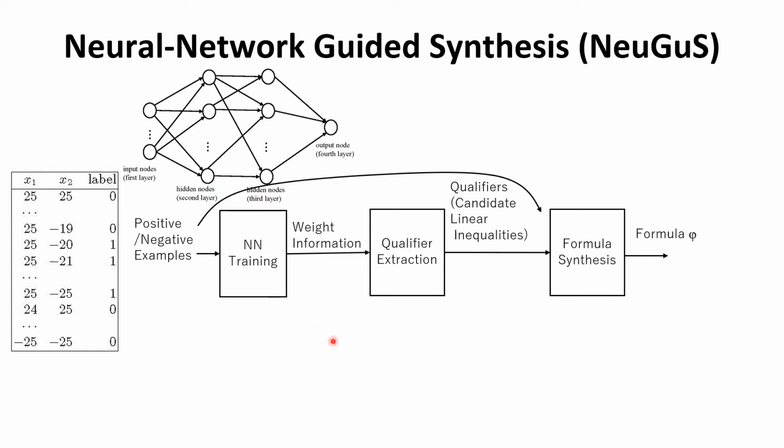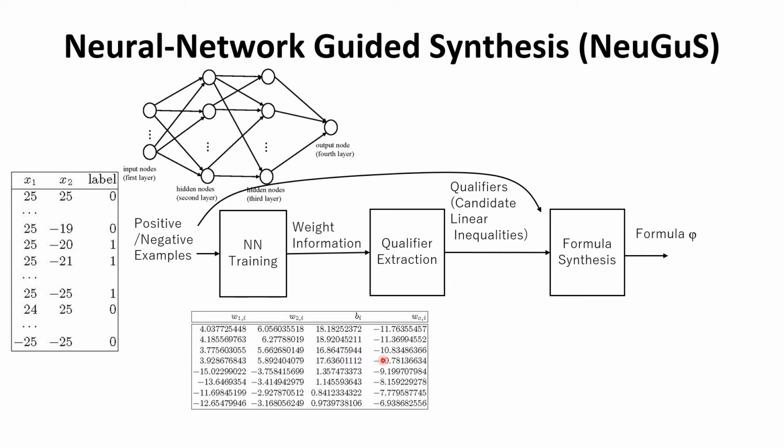After training the neural network, we look at the weights and biases of the trained network, and then we extract qualifiers as explained in the previous slide. And then we look for a Boolean combination of those qualifiers that explains the learning data.